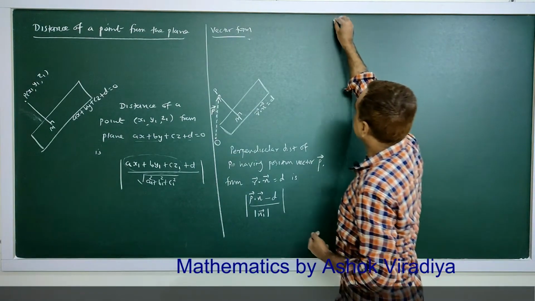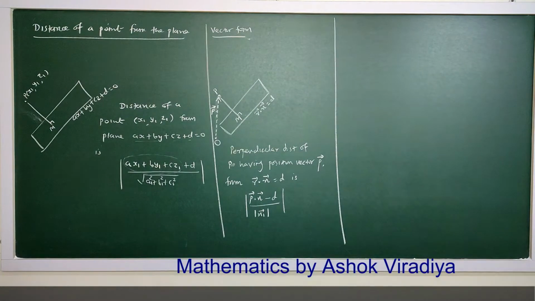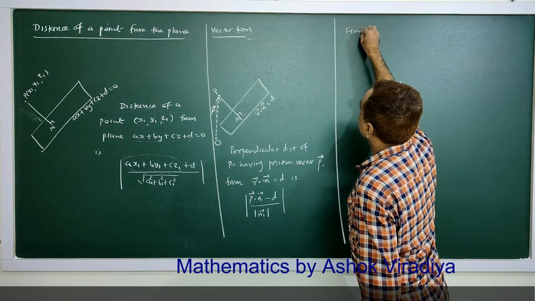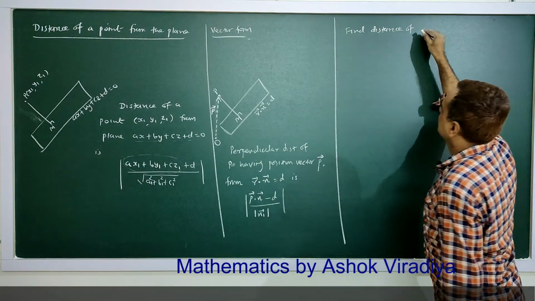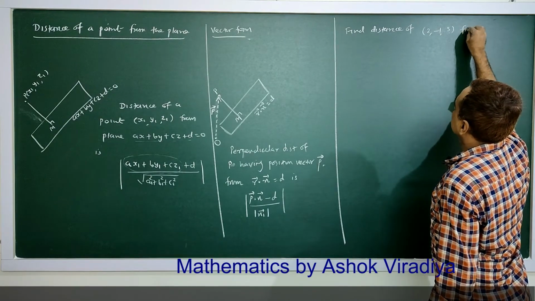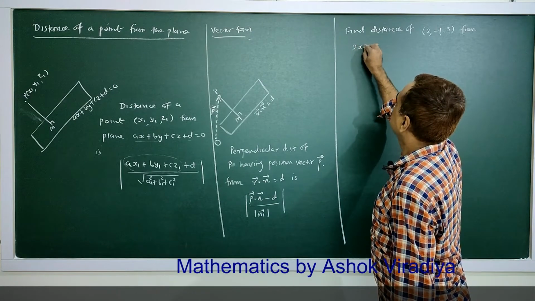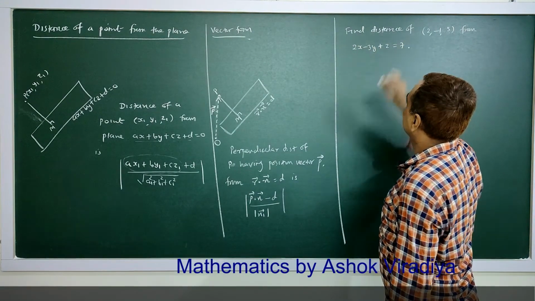Now to understand the result, taking a question to find distance of a point from a plane. As for example, find distance of point 2, minus 1, 5 from a plane 2x minus 3y plus z equal to 7.